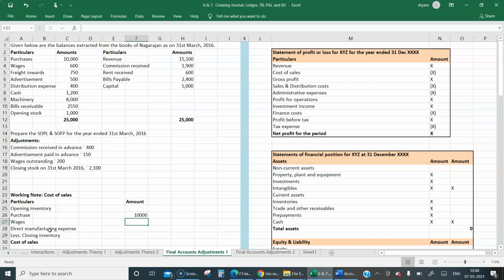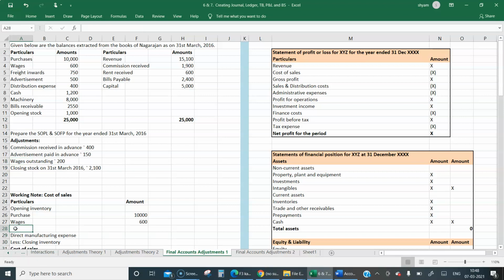Next is wages, which is 600. But if you see, there is an adjustment here. The adjustment says outstanding wages is 200. So we have to add that too.